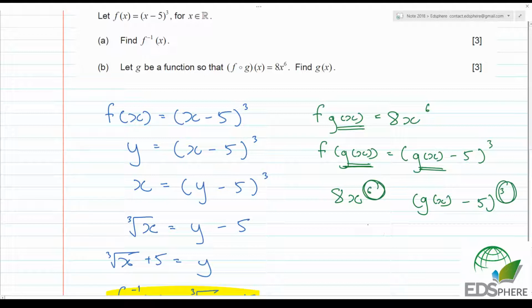Okay, so I'm going to need something like this to match my this. So how should I get the cube?